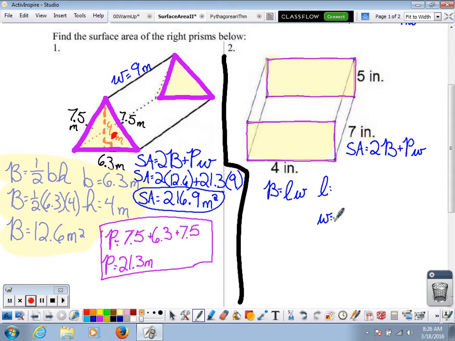So the front and the back, what are the length and width of those rectangles? Nick, what are the length and width of the front and back rectangles? 4 inches and 5 inches. Very good. So Nick, sub those in for me.